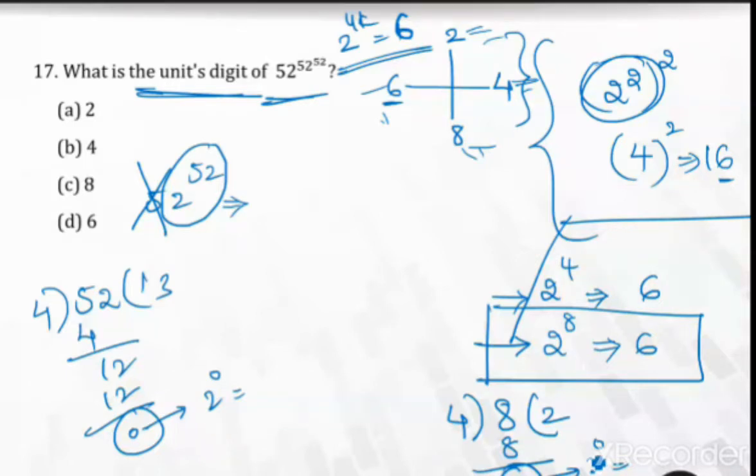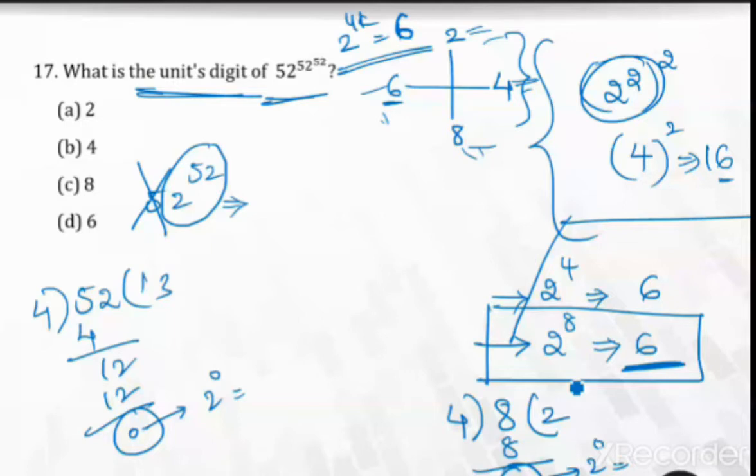In the unit digit concept, you have to consider it as 6. So the unit digit is 6.